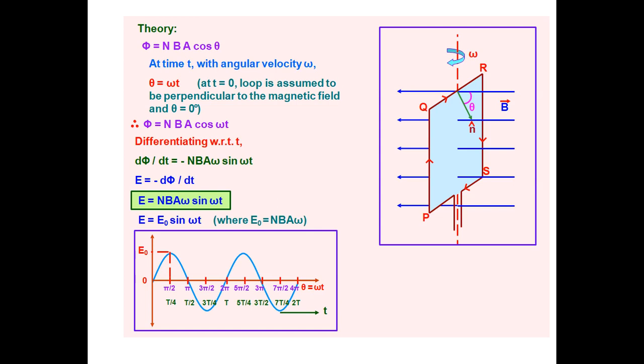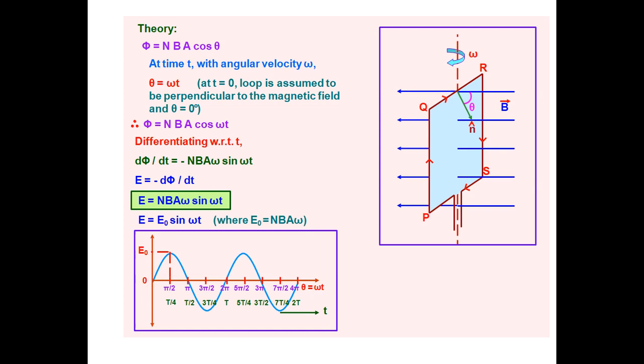But the EMF is equal to the negative rate of change of magnetic flux, that is E is equal to minus d phi by dt. Then E is equal to NBA omega sine omega t. So this is the equation for the EMF.